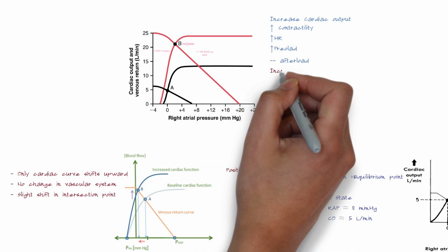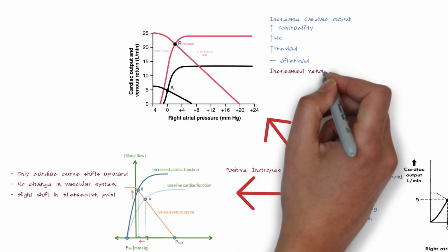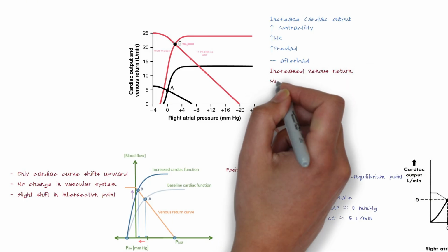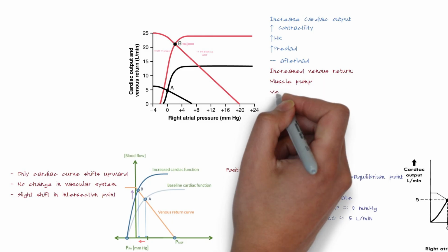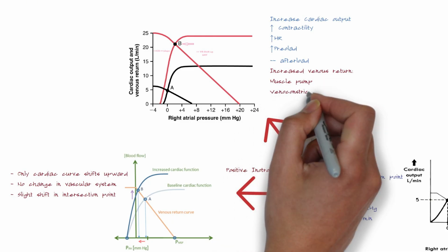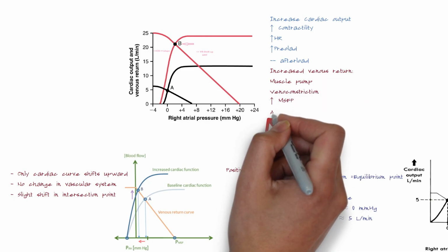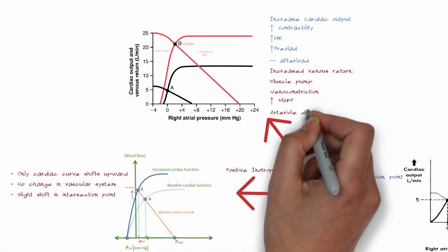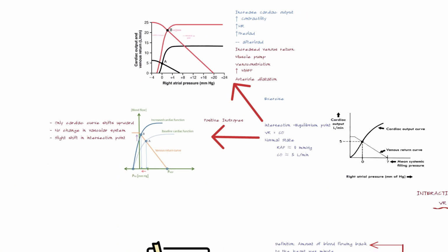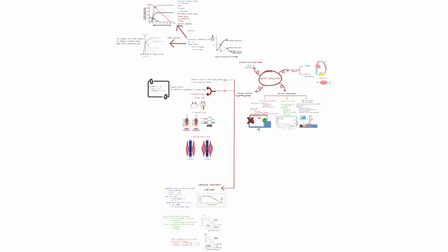As a result, the intersection point moves much higher, so cardiac output increases much more than with the inotrope alone. So to greatly increase the cardiac output, it is important that the heart and the vascular system both work together.